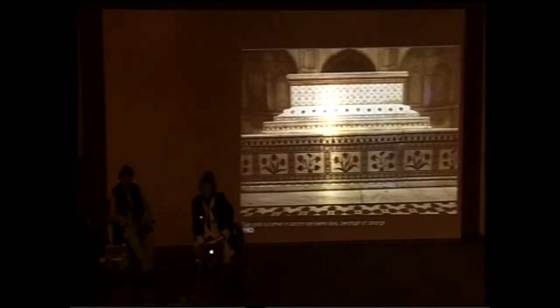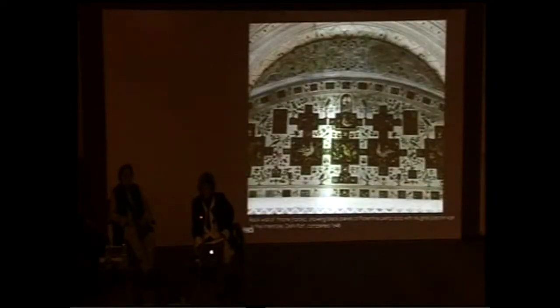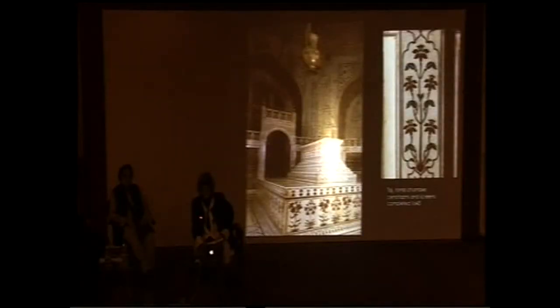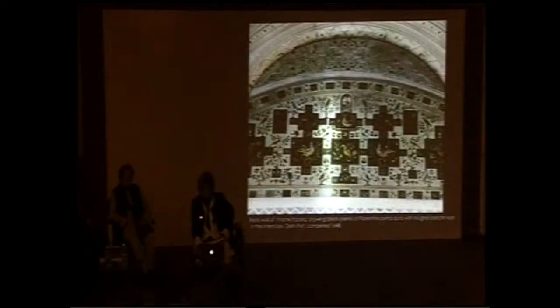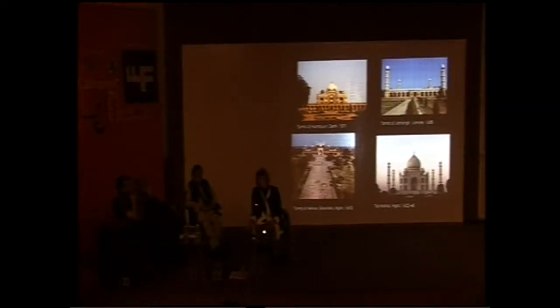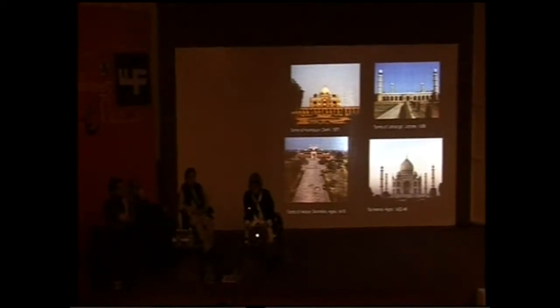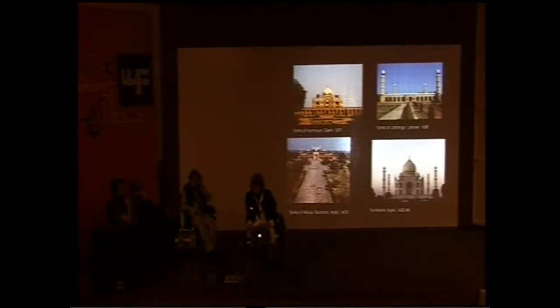And this would be the cenotaph of Jahangir at Shahdara. And you see the flowers are done in a very naturalistic manner, more naturalistic than the flowers on the cenotaph of Mumtaz Mahal.